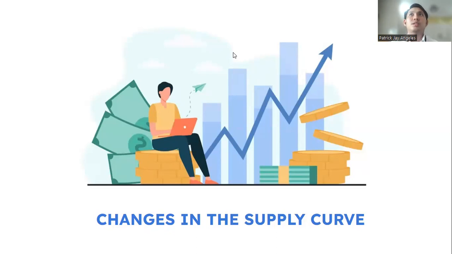This is almost the same as how demand changes. There are times that changes in demand move along the curve or shift away from the curve to the left or to the right. In this discussion, we're going to analyze how that happens in the supply curve.